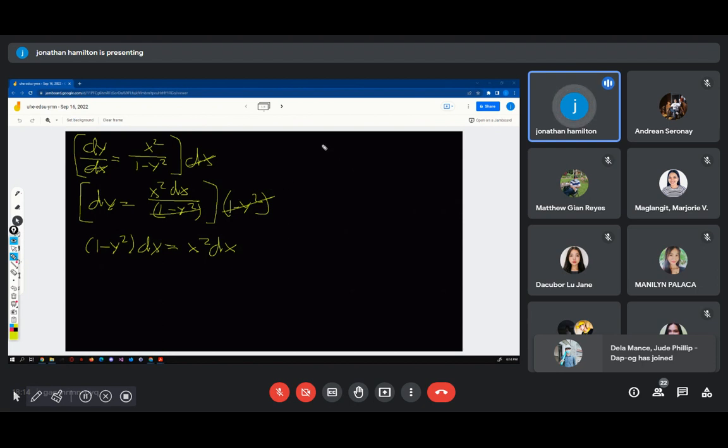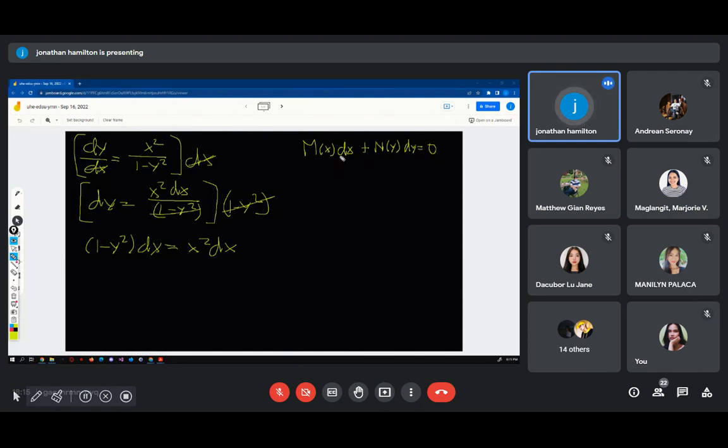Now, our separable equation is m of x dx plus n of y dy is equal to 0.